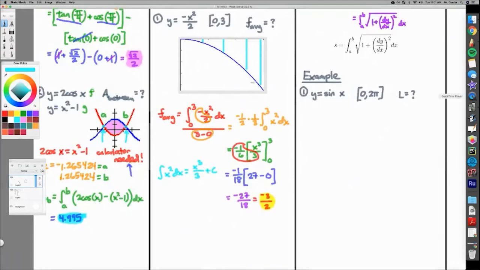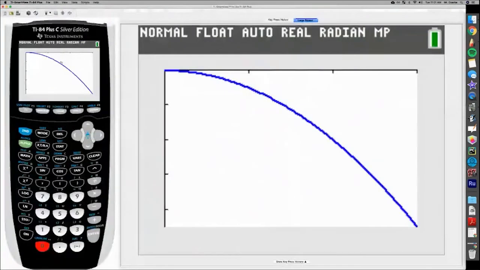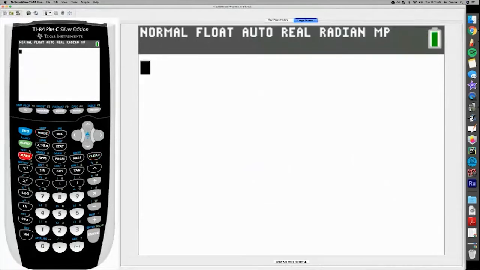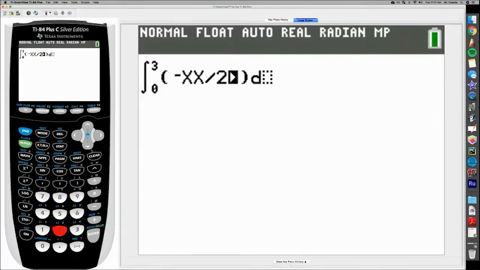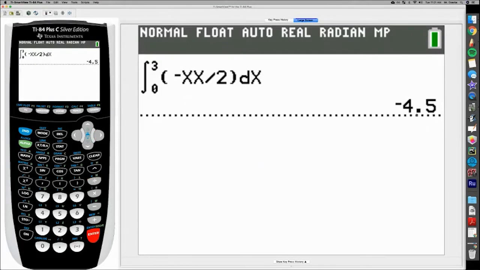Let's plug this whole thing into our calculator. Here we go. So math 9, we're going from 0 to 3 of negative x squared over 2 with respect to x. Enter. Oh, I didn't see.